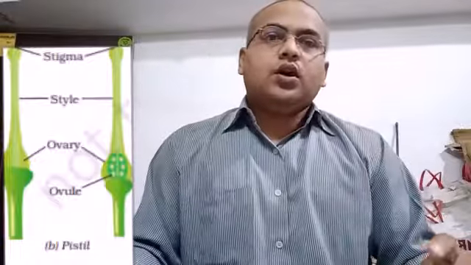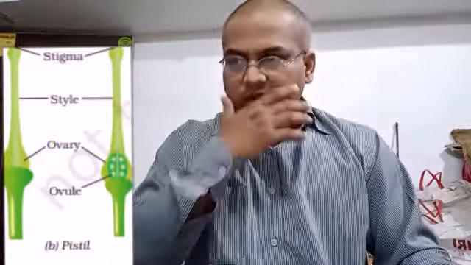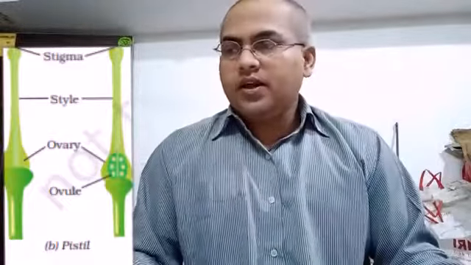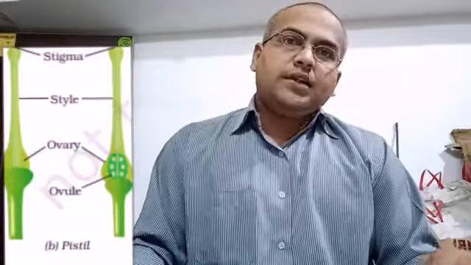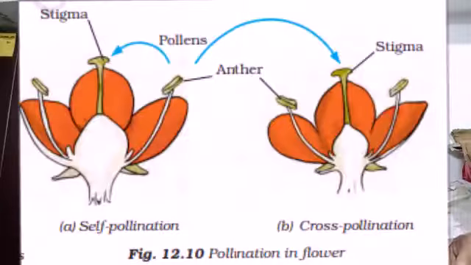That flower is called a unisexual flower. And in some flowers both parts are present. That is called a bisexual flower. So if all four whorls are present, it is a perfect or complete flower.